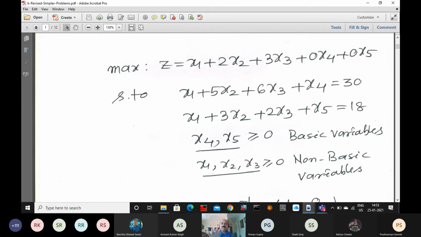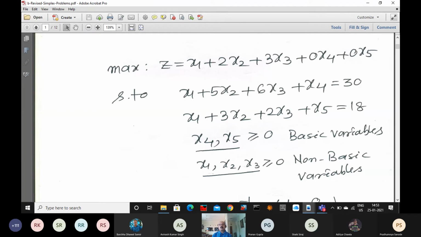See, there are altogether 2 equations. How many variables? 5 variables. 2 equations, 5 variables. How many basic solutions can you find? Out of these you can have basic feasible solutions. That is 5C2. You have to set 3 of them to 0 as non-basic variables, the rest are basic variables.